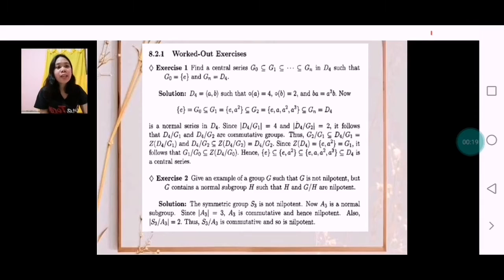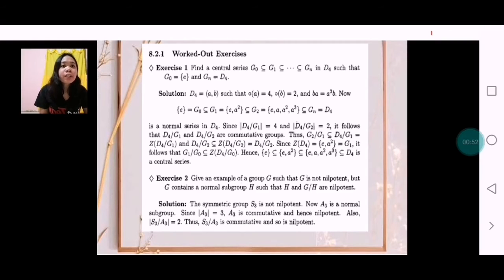The order of a is 4, the order of b is 2, and ba equals a cubed b. Now, the set {e} equals G sub 0, subset of G sub 1 equals the set {e, a squared}, subset of G sub 2 equals the set {e, a, a squared, a cubed}, subset of G sub n equals D sub 4.